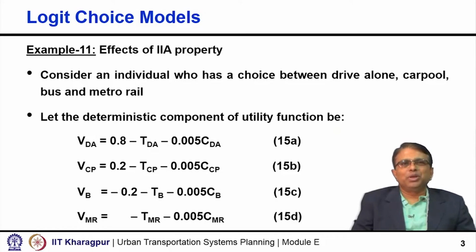Let the deterministic component of the utility functions be as shown here in equations 15a, 15b, 15c and 15d. Obviously, the metro is taken as the base alternative. So, compared to metro, the bus is found to have a negative alternate specific constant. How can we explain that? Let us say people generally may find that the emission will be much more when you travel by road transport, bus.